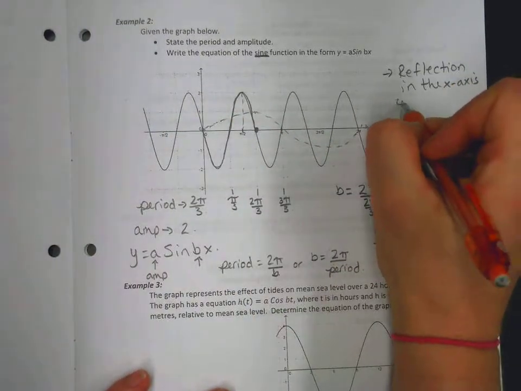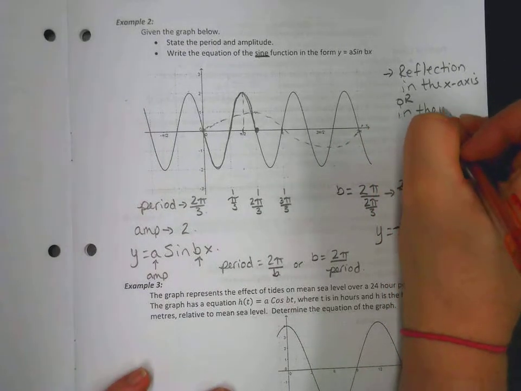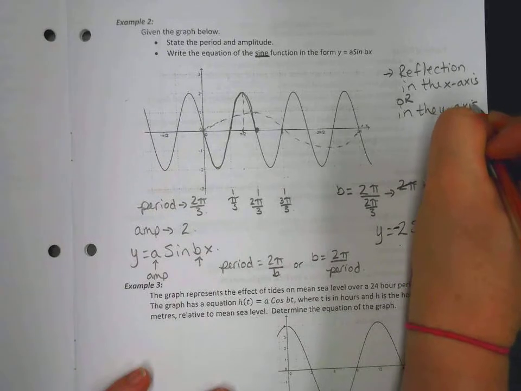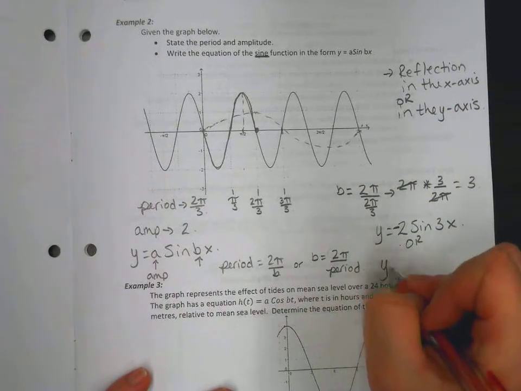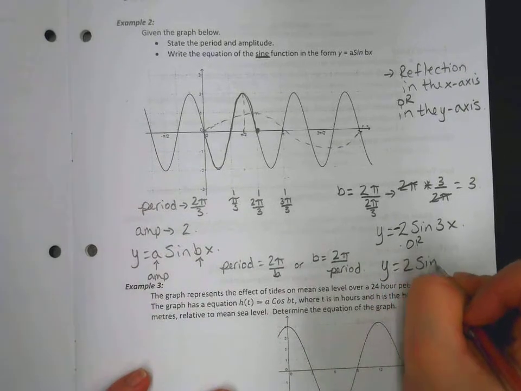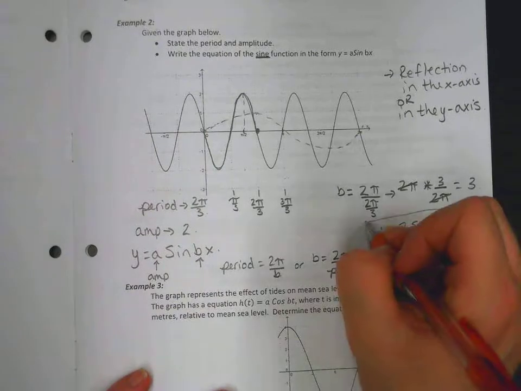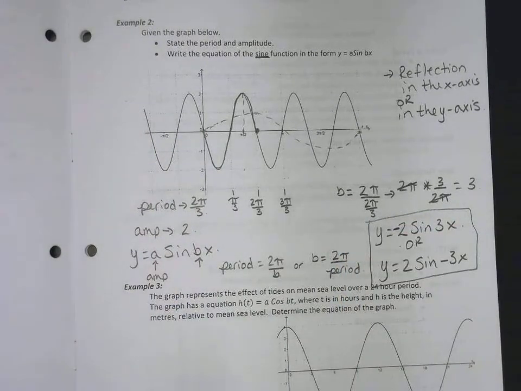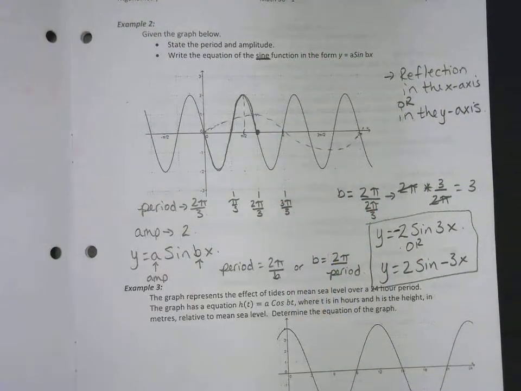Or you could see this as a reflection in the y-axis, which would make your equation 2 sine of negative 3x. So either of these equations would be completely right, depending on whether you see a vertical reflection or this horizontal reflection.